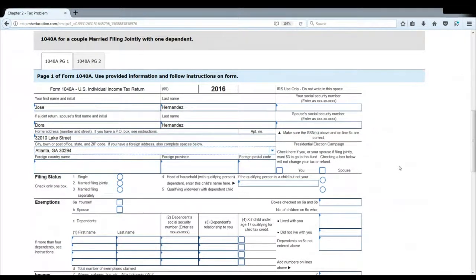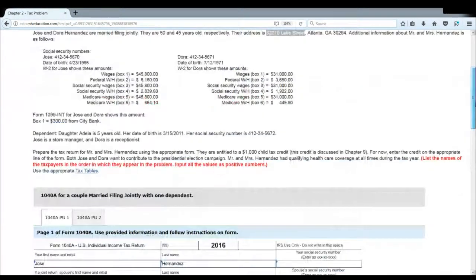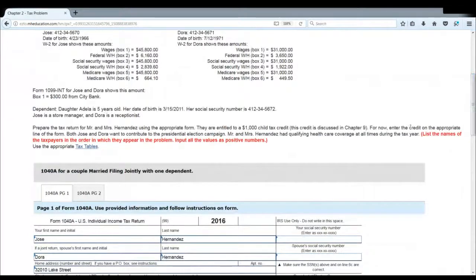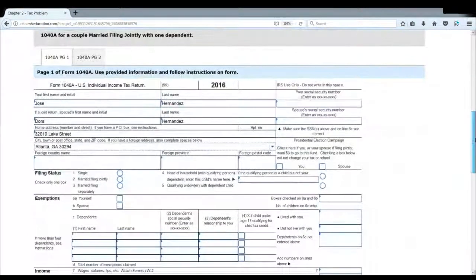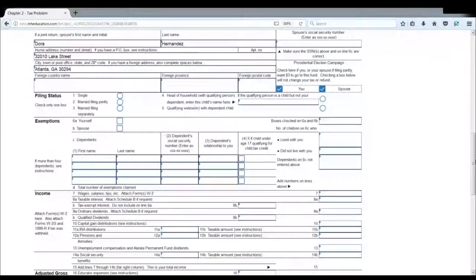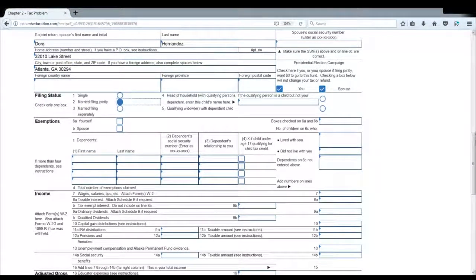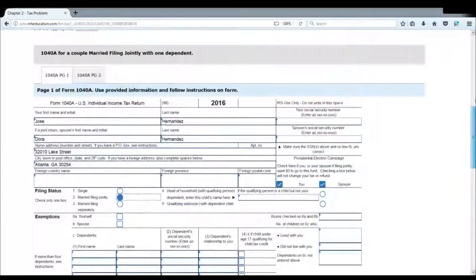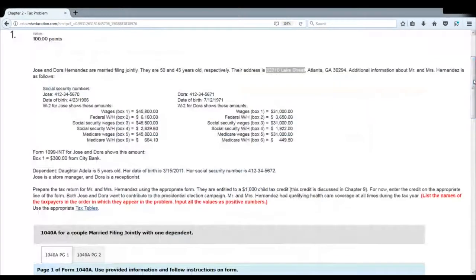Okay. They did talk about the presidential election, right? So does it say both? For now, both, okay. Of course, I'm going to put married filing jointly right here. What else am I going to put?